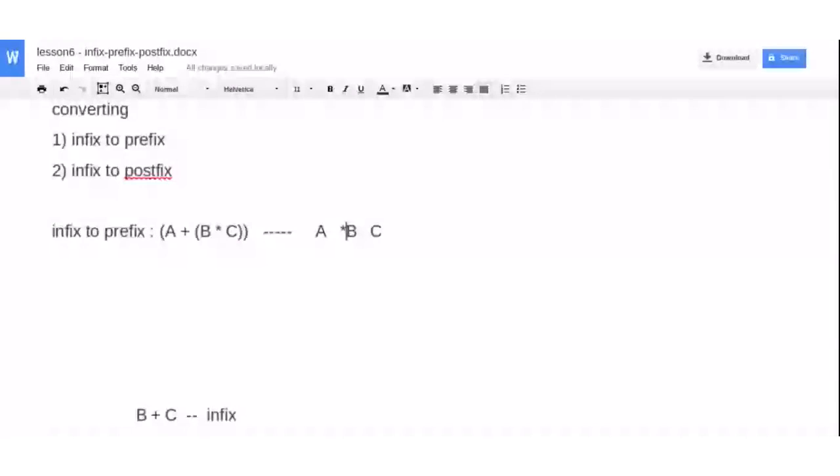And then once we are done with the multiplication, we go to the plus. The plus is here right now, and we move it to be in front of its operands. Its operands are A, and what you get from doing the multiplication of B and C. So we move the plus to just outside the left bracket, and so that's where our plus will be.